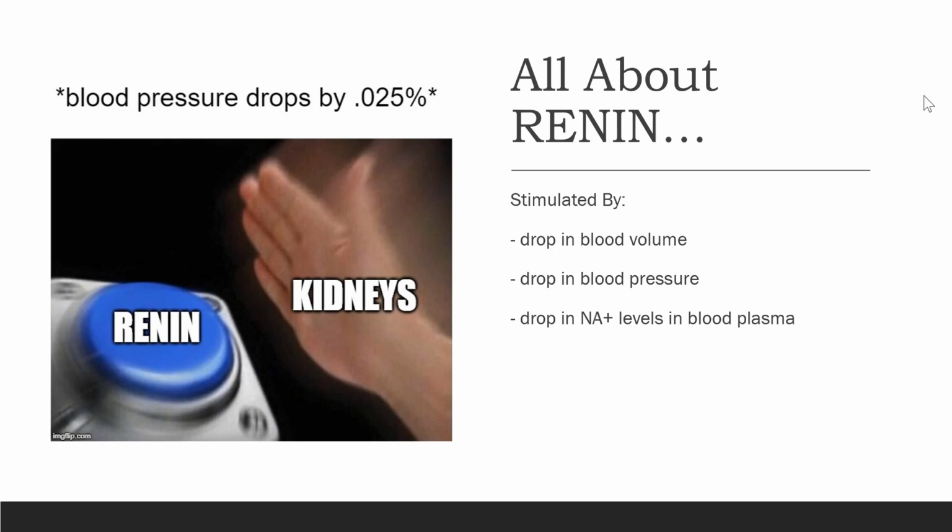Which is going to drop our blood pressure. We don't have as much blood flowing through our blood vessels, so the pressure is going to drop. Also, it can be stimulated by a drop in our sodium levels in blood plasma, which all three of these things go hand in hand together. So when this all happens, the kidneys go ahead and kick on renin, start renin, so that renin can begin to activate our little pathway here.